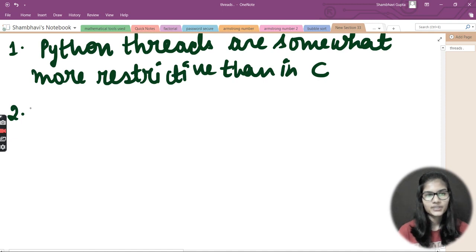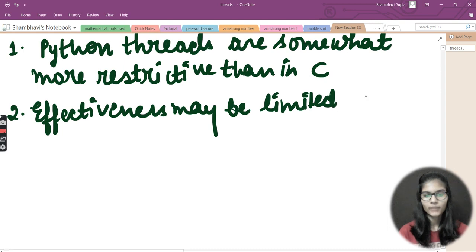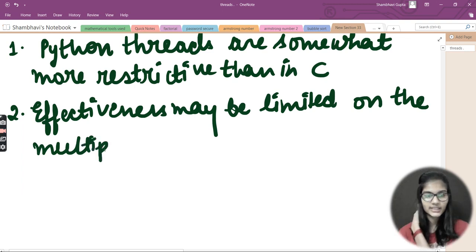Right, the second thing is effectiveness. Let me write that: effectiveness may be limited on multiple CPUs. So basically the effectiveness depends on the CPUs, basically what type of CPUs you actually have.